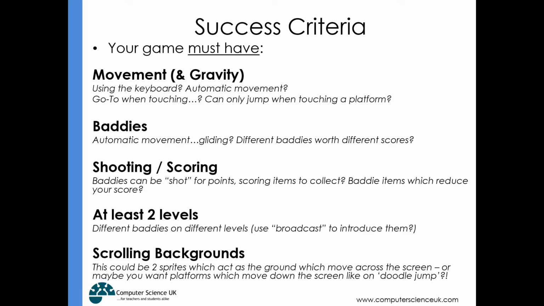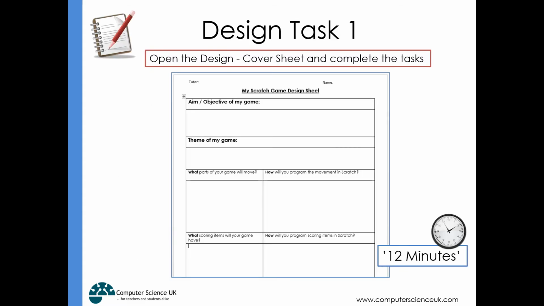So we saw that in lesson 1 where we've got 2 sprites that act like the land. They move to the left, and as soon as they go off the screen too far on the left, they then get put round to the right hand side, and that continues to make it look like we are moving across the screen. So it needs to make sure that we've got all of those particular gaming elements.